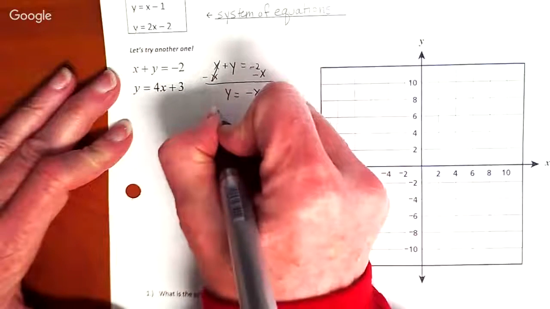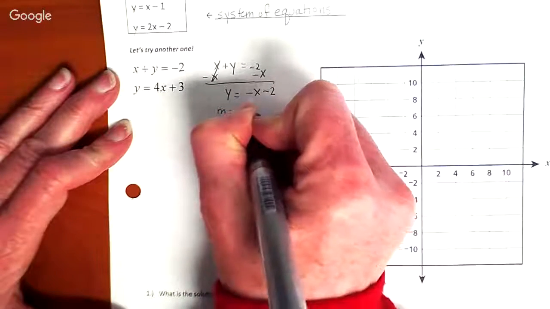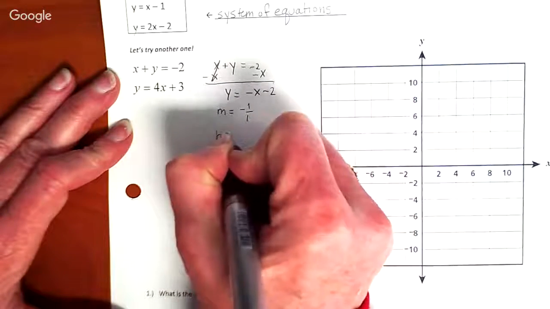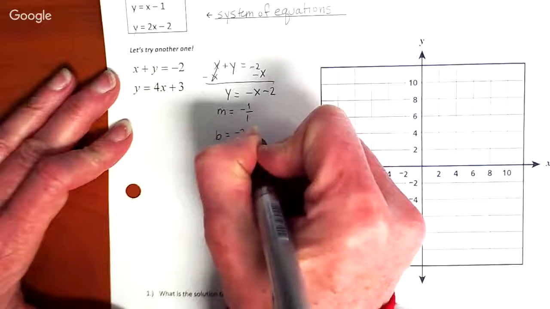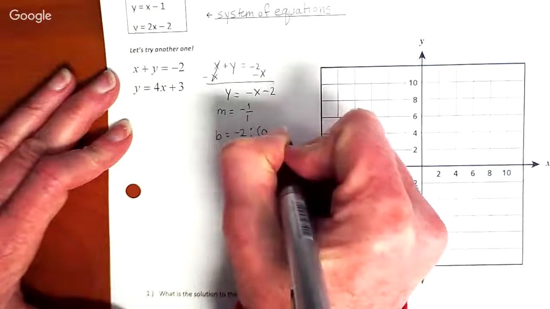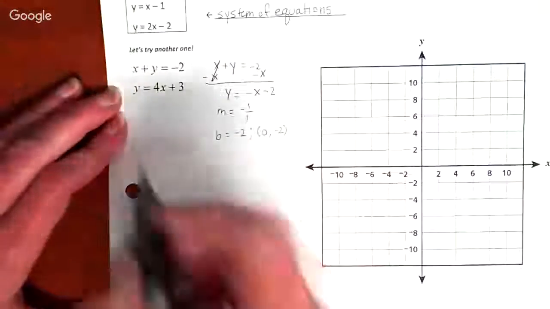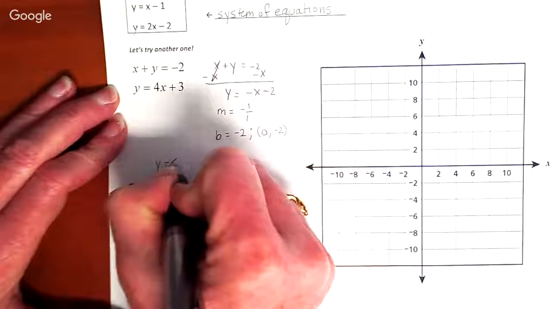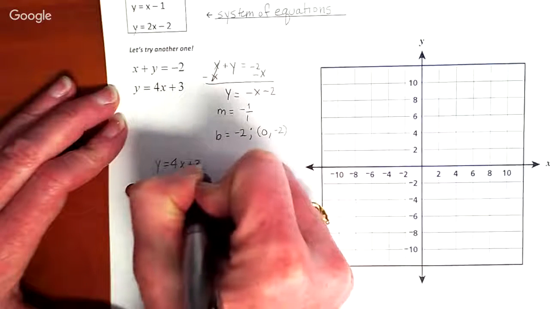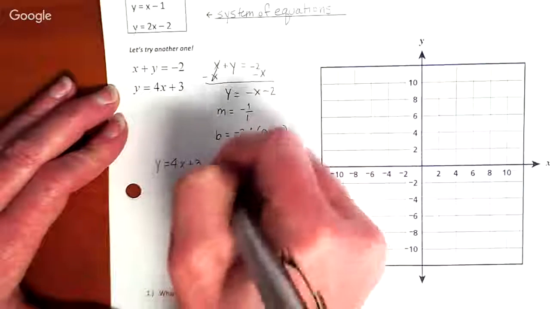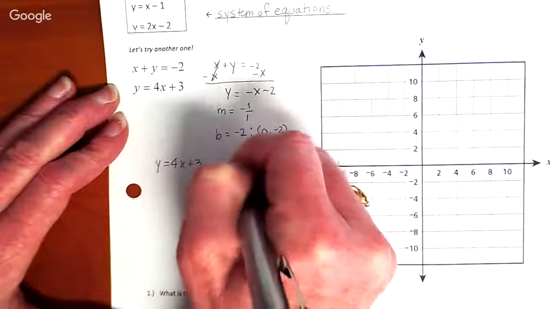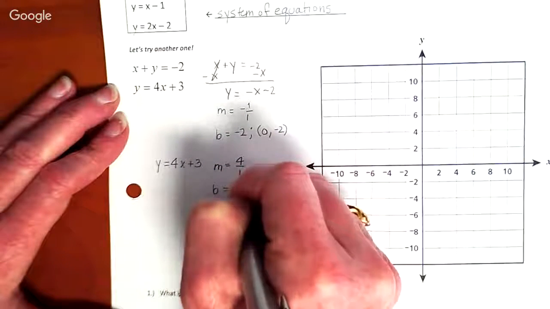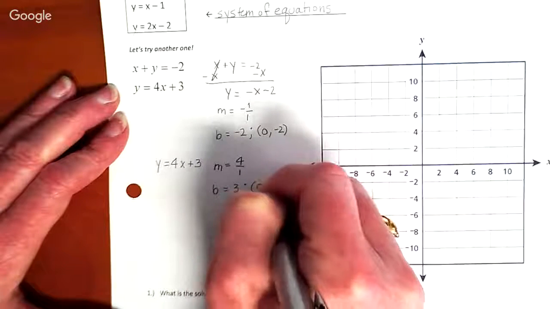So our slope is negative 1 over 1. Our b, or y-intercept, is negative 2, at 0, comma, negative 2. Our other one, we have y equals 4x plus 3. So our slope is 4 over 1. Our b is 3, or 0, comma, 3.